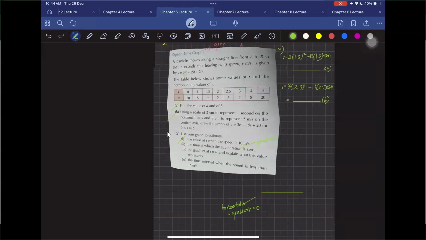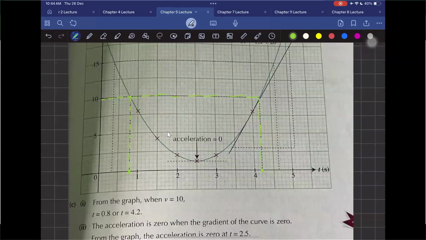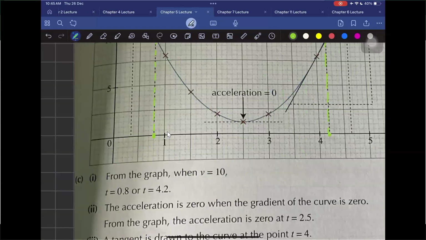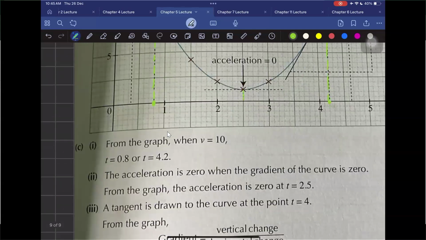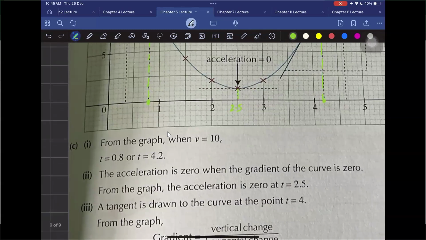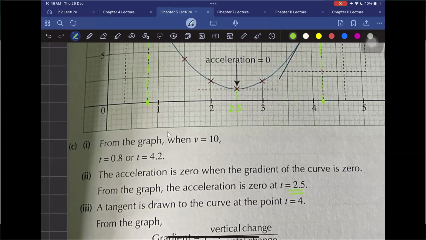Okay, so once you know this, you should find the turning point, because at the turning point, your tangent is basically a horizontal line. So again, find the turning point and you bring it down to your x-axis and your answer should be 2.5. Okay, so this answer is 2.5.